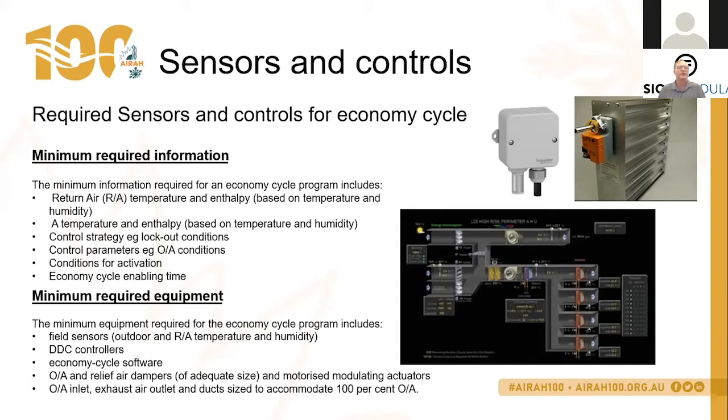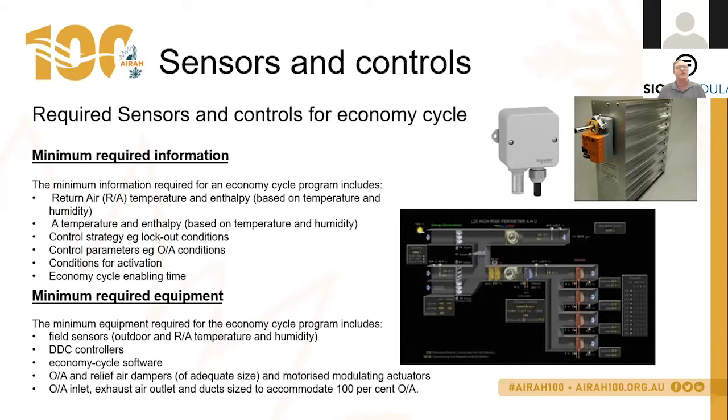For economy cycle, you've got a minimum required information around the return air temperature and enthalpy, and the temperature and enthalpy of the outside air. You have lockout conditions in your control strategy where if the outside air temperature and humidity are not suitable, then it locks out the economy cycle. You have conditions for activation and then an enabling time.